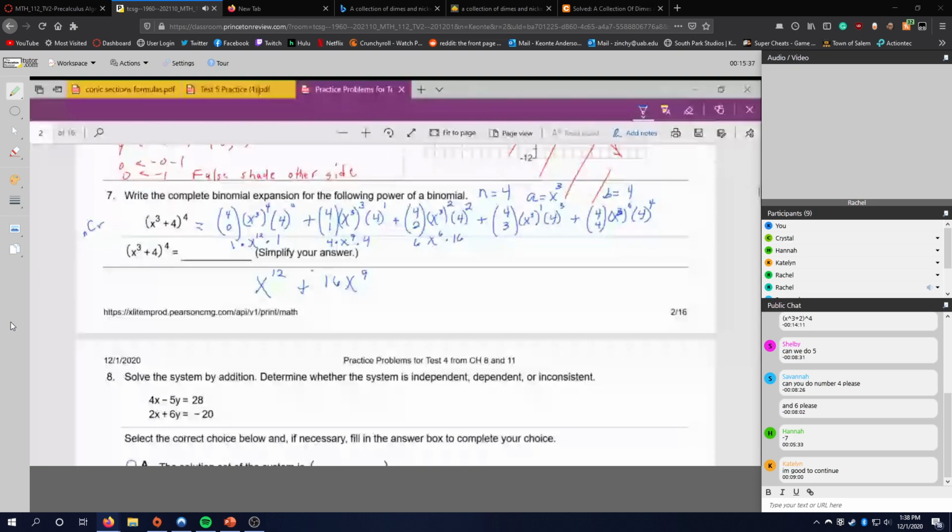So that's 96 x to the 6th. 4 combination 3 is 4 x to the third, and then 4 to the third power is 64. 4 times 4 times 4. So 4 times 64 is 256 x to the third.